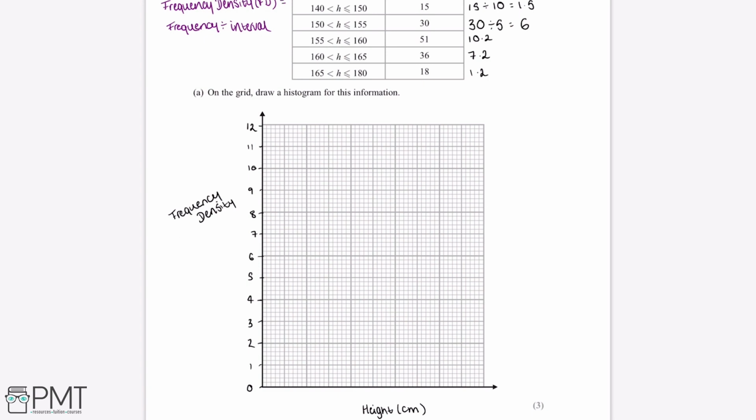So we have heights ranging from 140 centimetres to 180 centimetres. So a suitable scale for this would be that every square is equal to 1 centimetre, so therefore every 10 squares would be equal to 10 centimetres. And we can start at 140 centimetres.